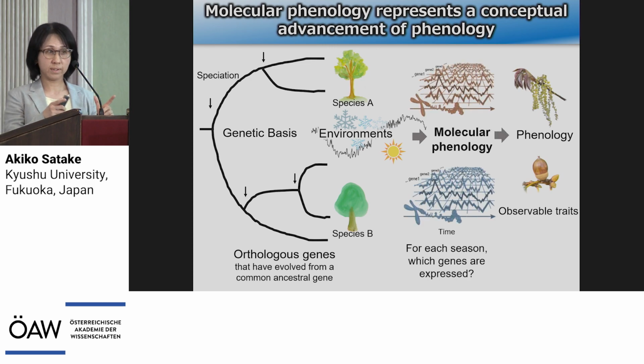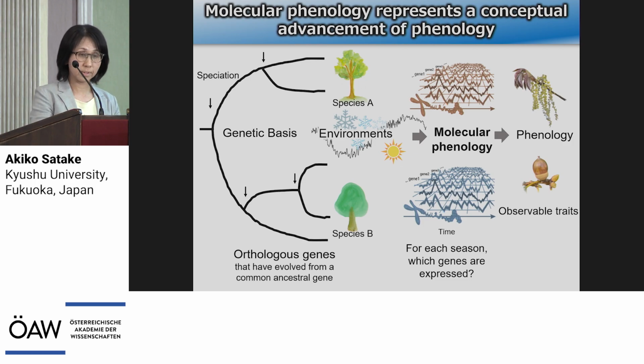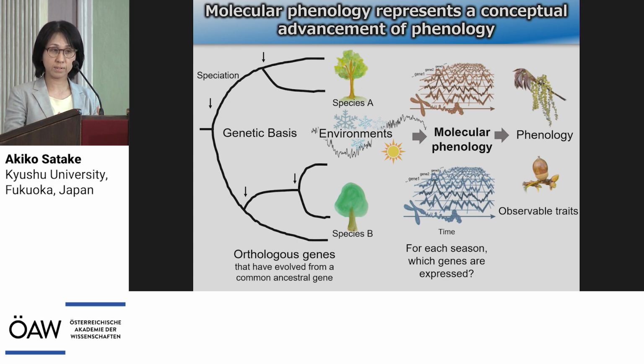If we monitor the expression patterns, the molecular phenology, in different species and compare them across species, we can understand in which season which genes are expressed, and which genes are responsible for the different phenological responses across species. So molecular phenology can transform the concept of phenology from observable to unobservable, more dynamic responses to environmental change.